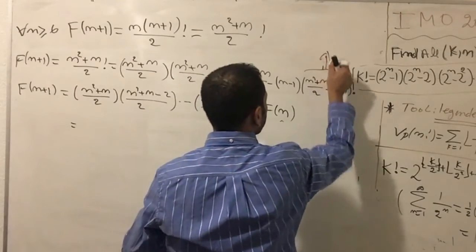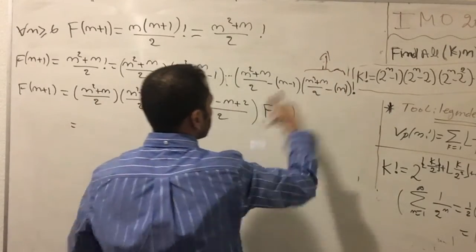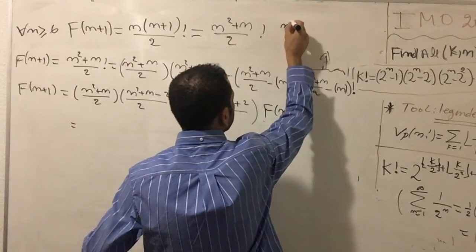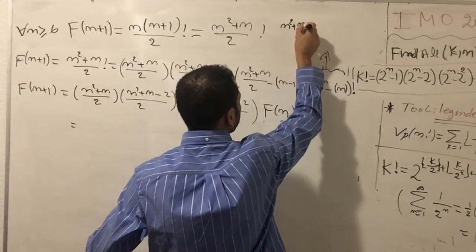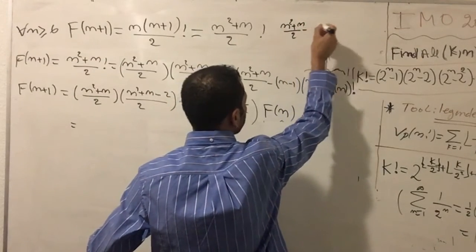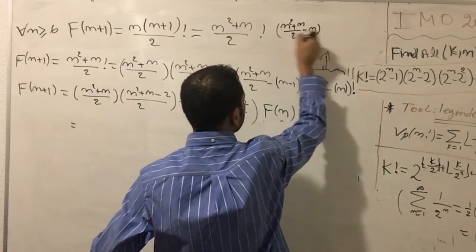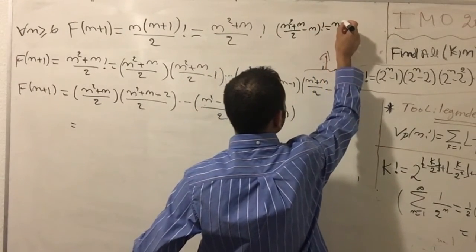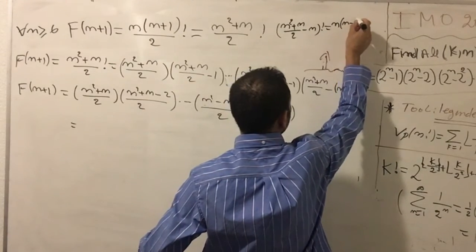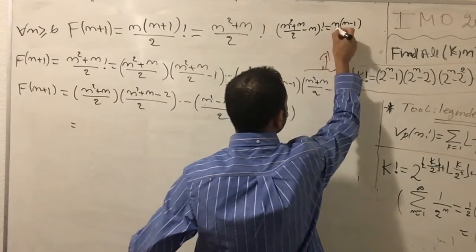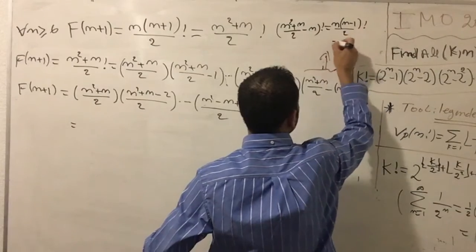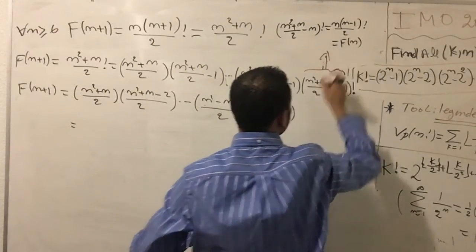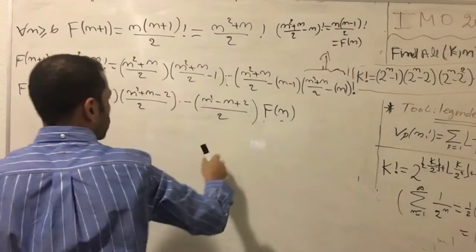If you distribute and simplify this, you will have n squared plus n over 2 minus n factorial equal to the n minus 1 over 2 factorial. This is f of n.